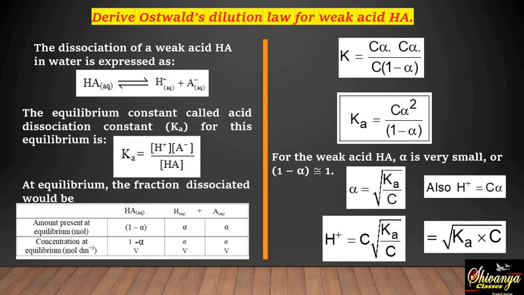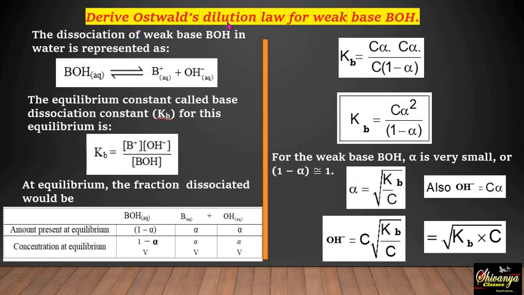Now next, Ostwald's dilution law for the weak base BOH. Follow the same steps. Write first the dissociation reaction of the weak base BOH, that is BOH gives B+ and OH- ions. Calculate the dissociation constant for the weak base Kb, that is concentration of B+ multiplied by concentration of OH- divided by concentration of BOH.